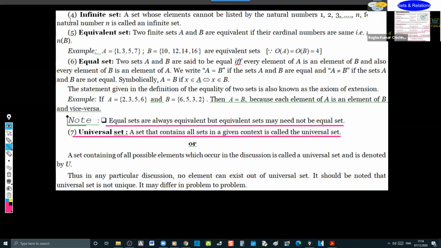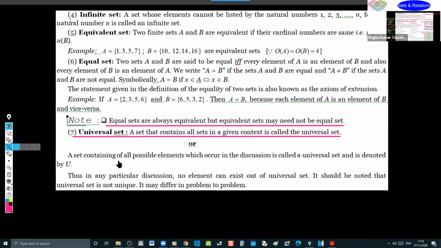Now, if I am talking about all the country capitals of the world, then the universal set is the world. So that universal set changes from context to context, and consists of all the elements, or all the sets, that are under discussion.